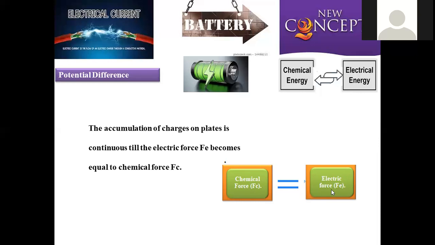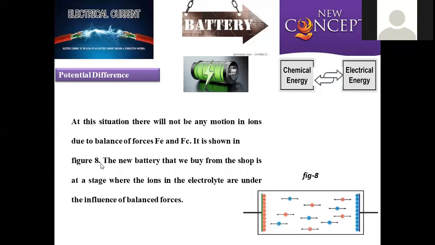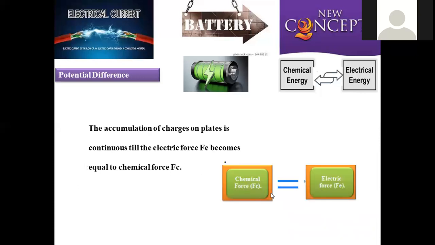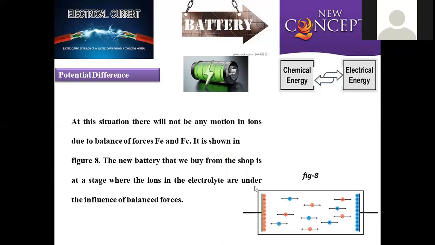That is called a stagnant state, where both are equalized. There will not be any motion, because both have exactly equal energy, so there is no need to move ions or electricity. So motion of current and motion of ions are not at all possible, with Fe and Fc exactly equal.